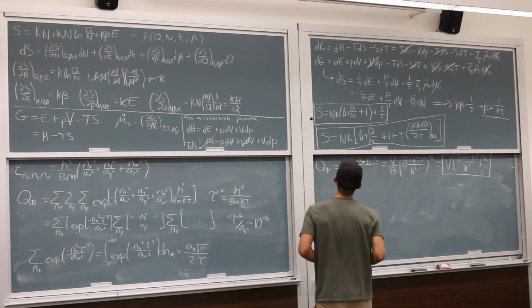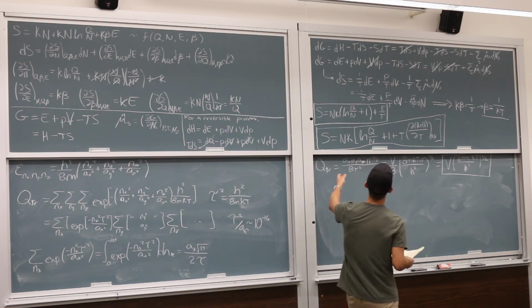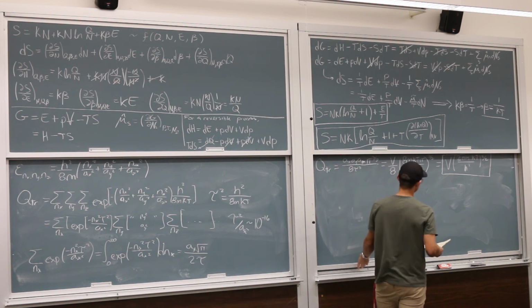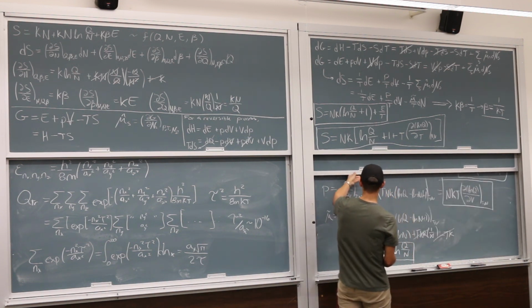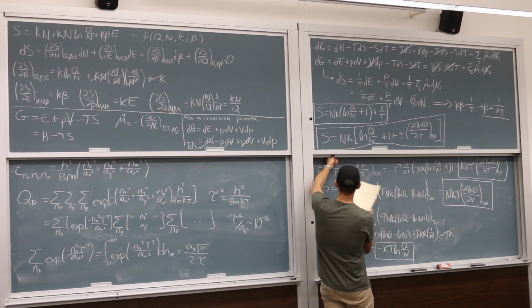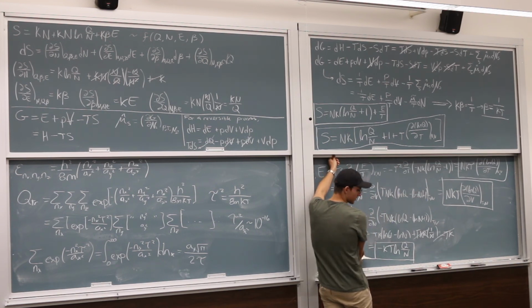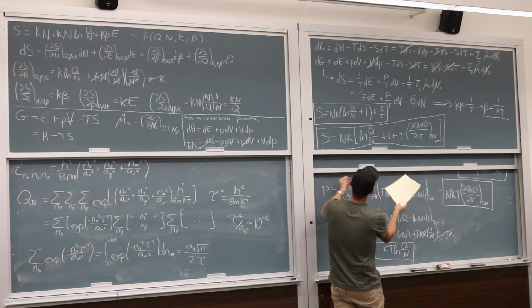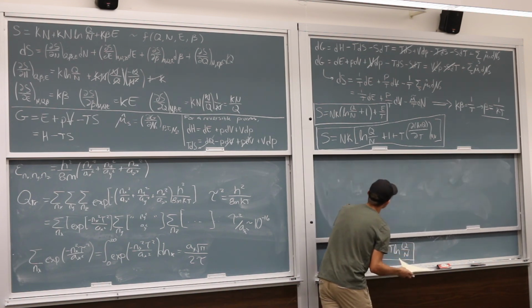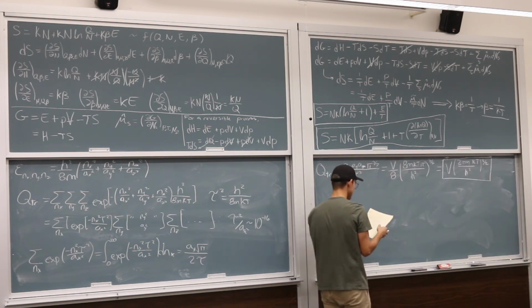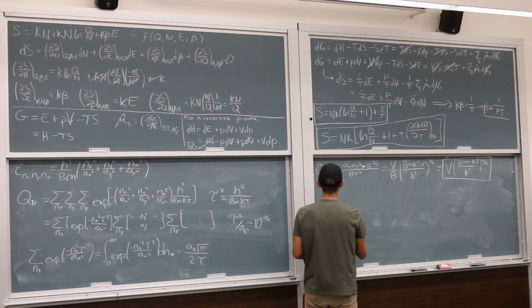Okay, so now we can look at the expressions that we have for the energy, the pressure, and the chemical potential. We can evaluate them using our formula for Q translational, and we're going to see some very familiar results.